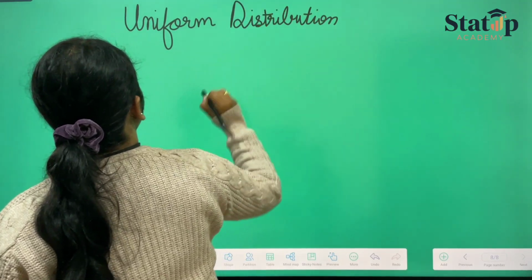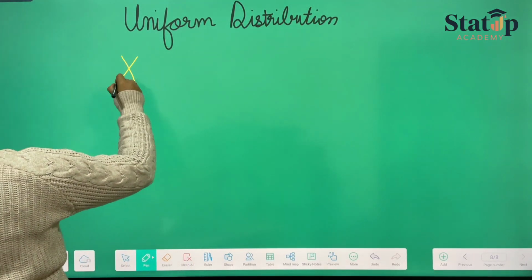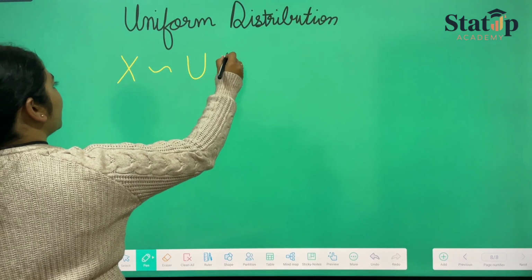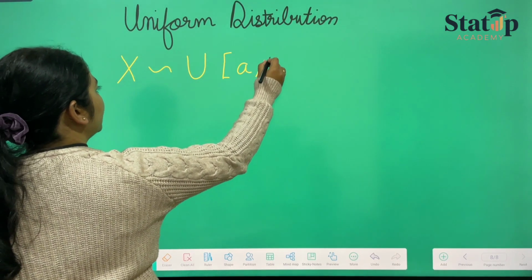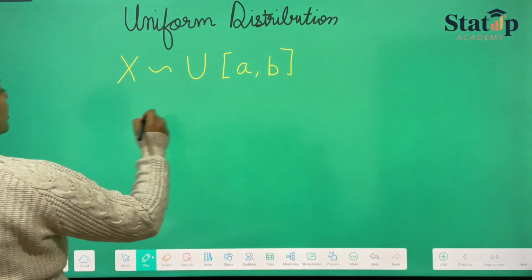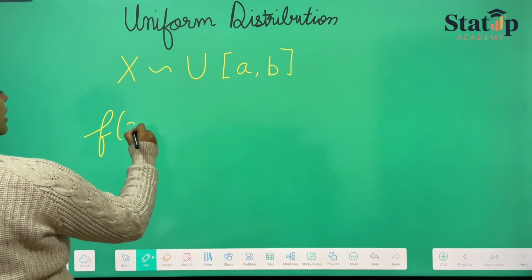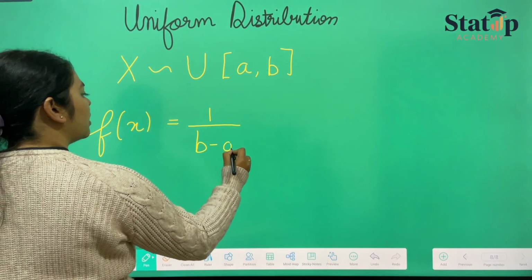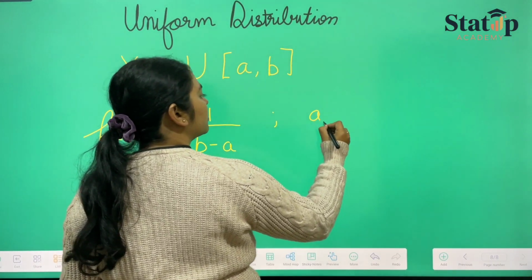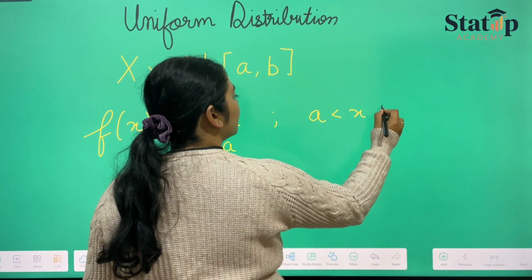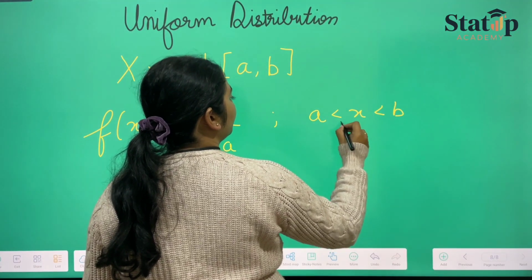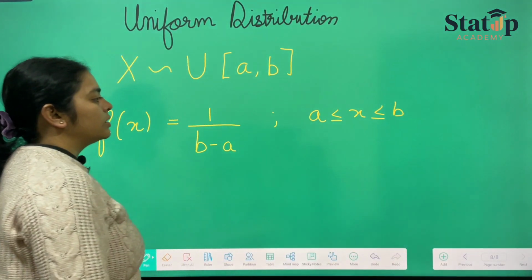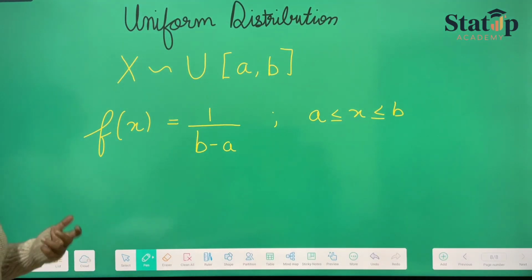When we say a continuous random variable x follows uniform distribution with limits a as the lower limit and b as the upper limit, then its PDF is 1 upon b minus a, where x lies in the interval a to b. We are not putting an equal to sign, because this is a continuous random variable and it does not take point estimation.